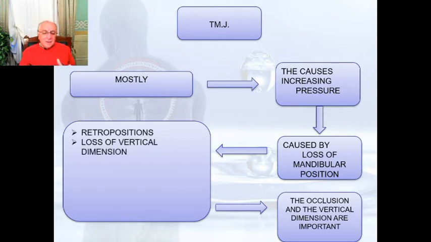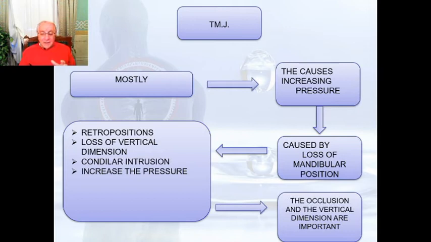Retropositions, vertical dimension loss, condylar intrusion, all of them create more pressure inside the TMJ. Those are the main causes of the TMJ problems.